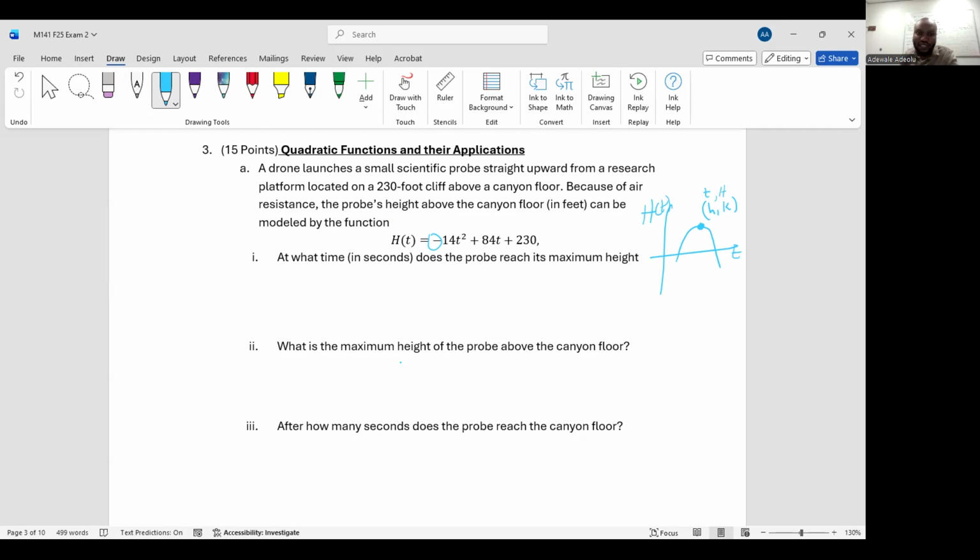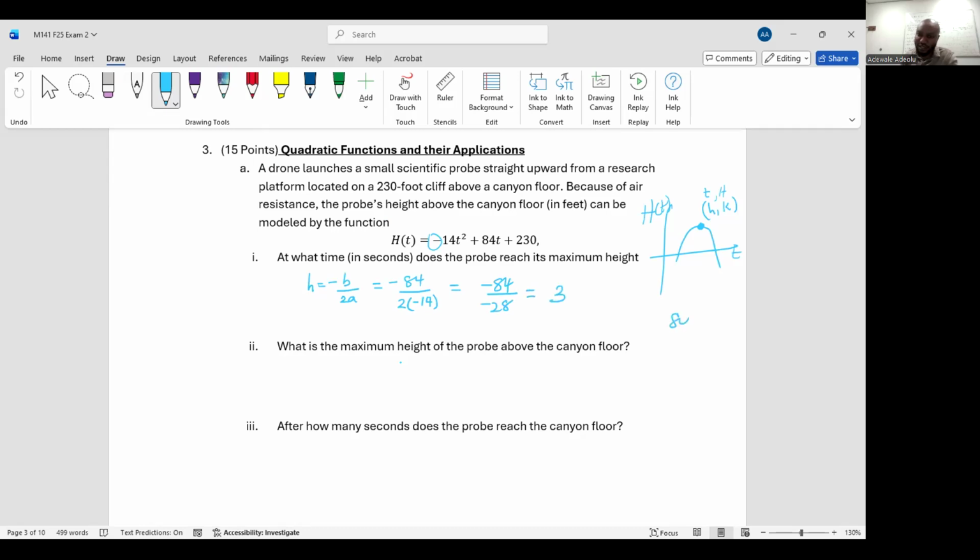If we want to find the time there, t is negative b over 2a. Our b is 84, divided by 2 times a, which is negative 14. So that is negative 84 divided by negative 28, and that is 3.